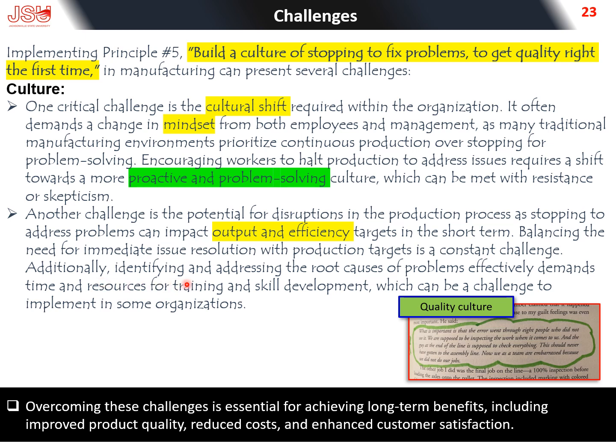Additionally, identifying and addressing the root causes of problems effectively demands time and resources for training and skill development, which can be a challenge to implement in some organizations. Overcoming these challenges is essential for achieving long-term benefits, including improved product quality, reduced costs, and enhanced customer satisfaction.